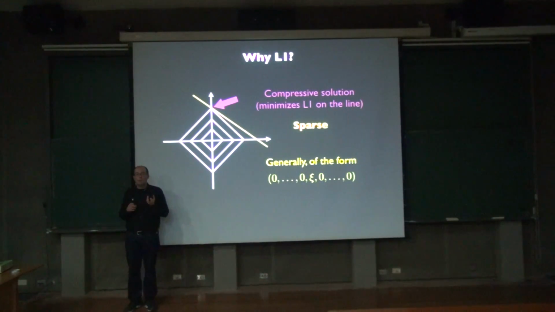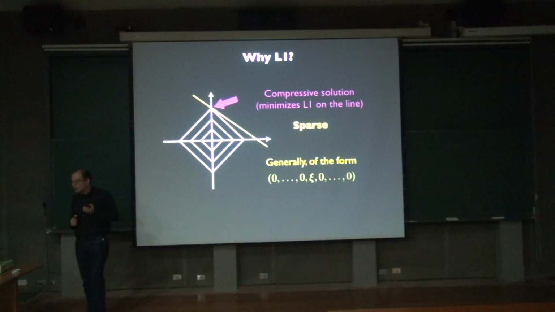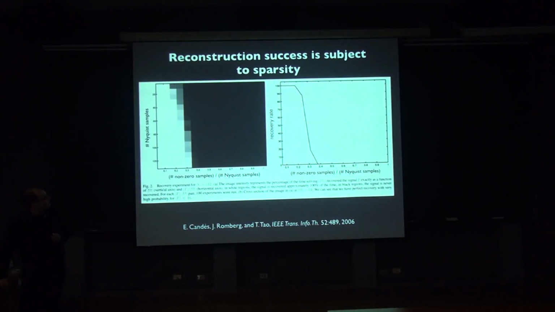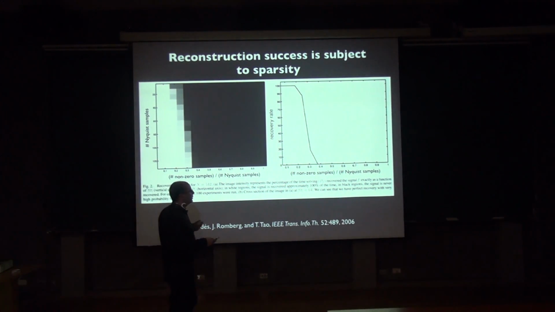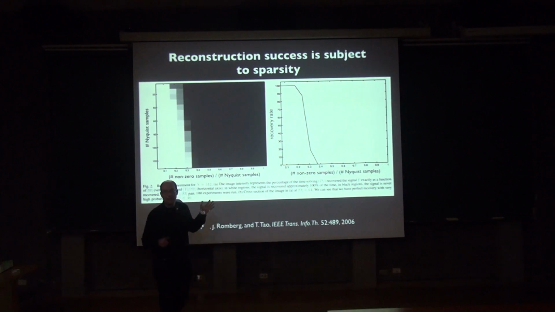So you can see very intuitively why these techniques work with the L1 metric, but do not quite work with L2. This also tells you that you cannot push this too far. Here is the number of non-zero samples versus the total number of Nyquist samples, and you can see that your probability of success will fail if the number of samples exceeds some limit.